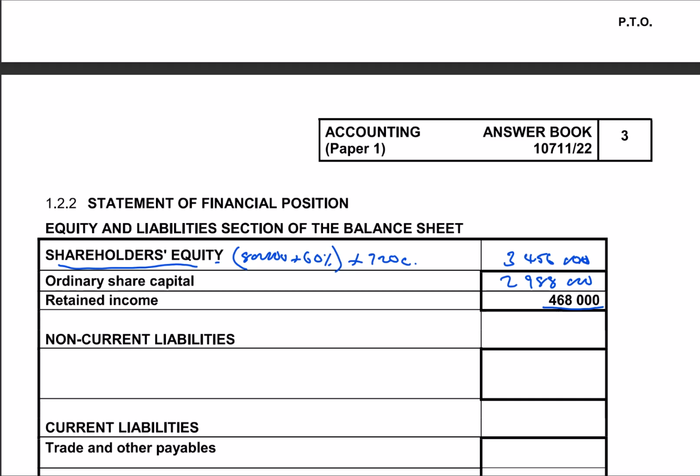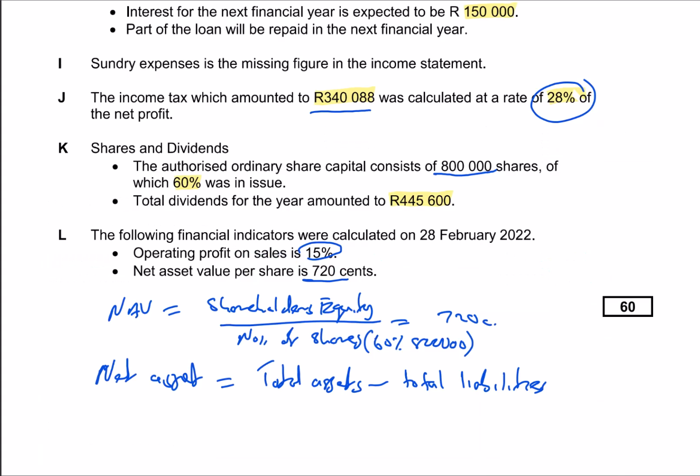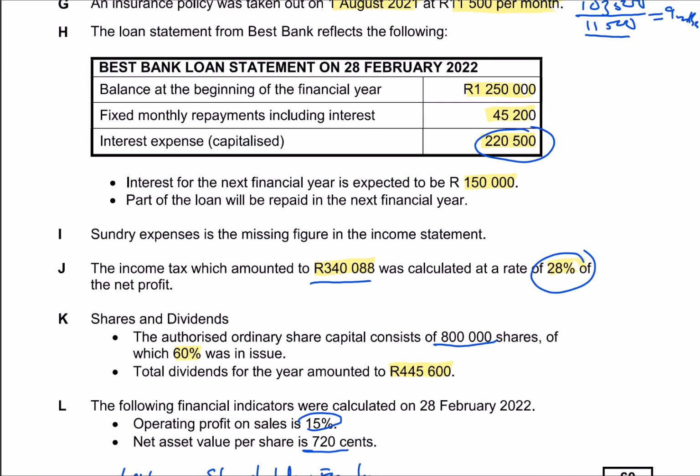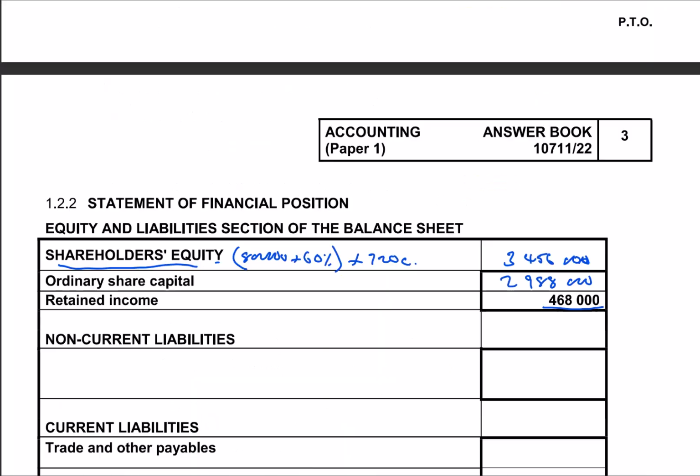Then our non-current liabilities, there's a little bit of working there. We're told that the balance at the beginning of the financial year is 1,250,000. So if you insert that, that's the loan, 1,250,000.